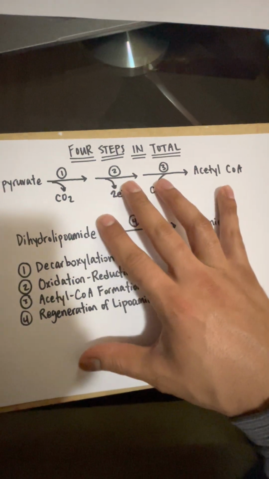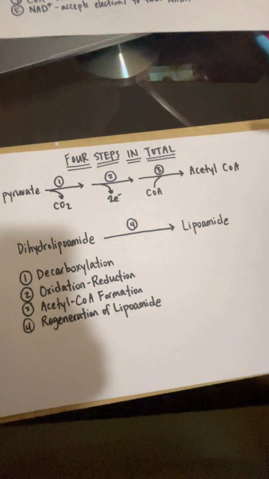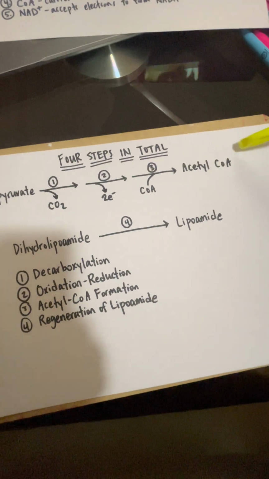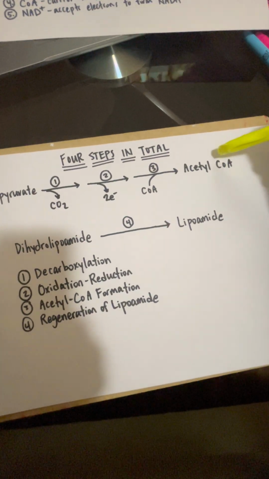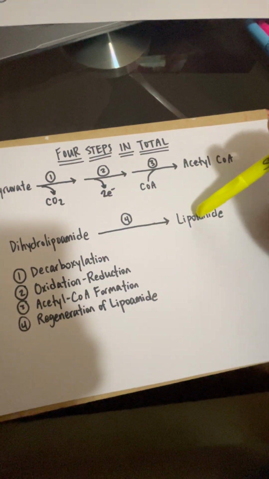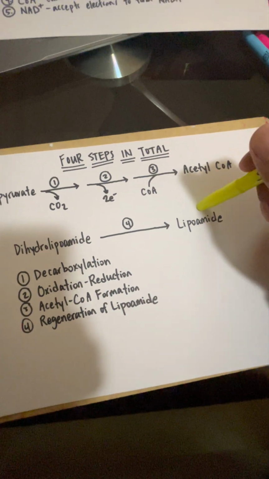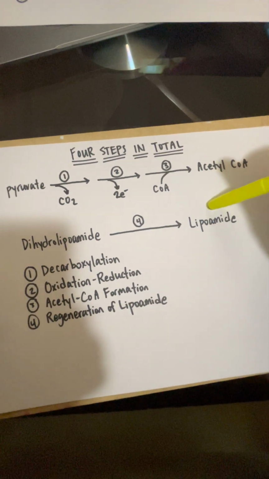So in total, there's 4 steps. 3 of those actually create the acetyl-CoA product, and our fourth step allows us to regenerate our coenzyme lipoamide, or a derivative of our lipoic acid.